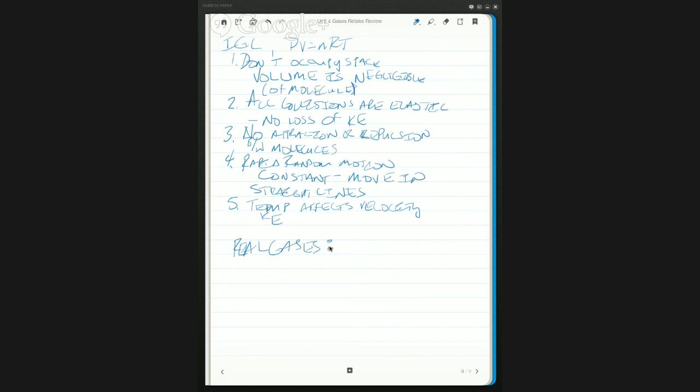Real gases. So we could say that number 5, the temperature affects the velocity, if I'm getting that right. They are having rapid random motion.